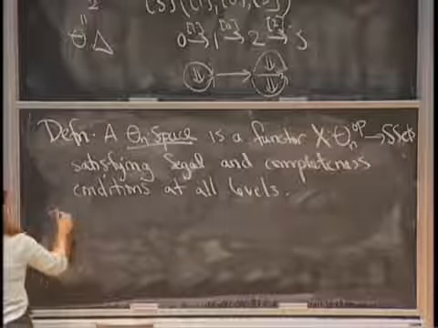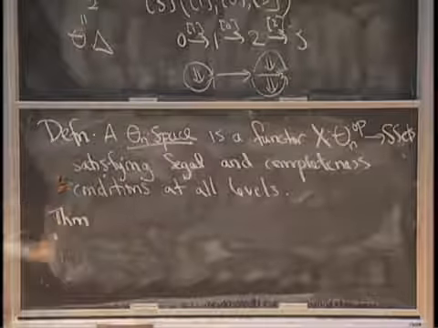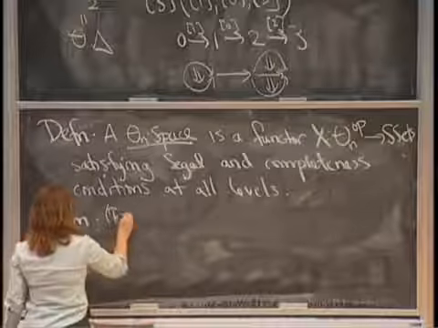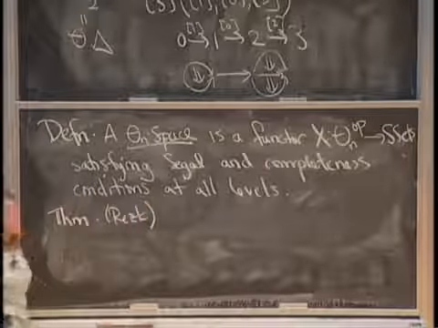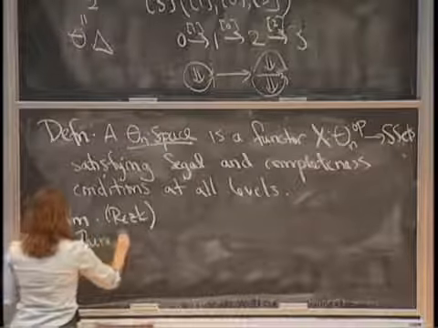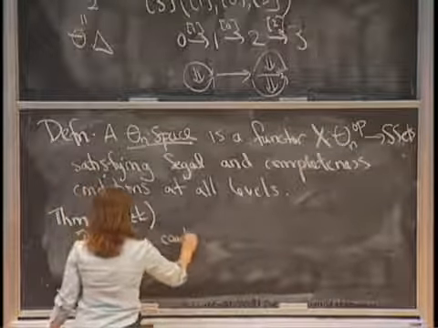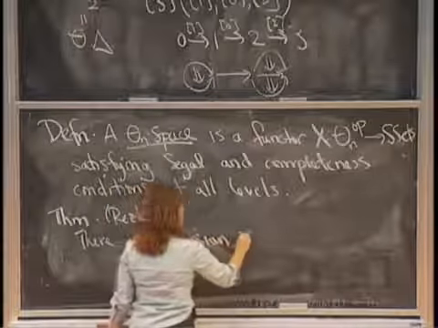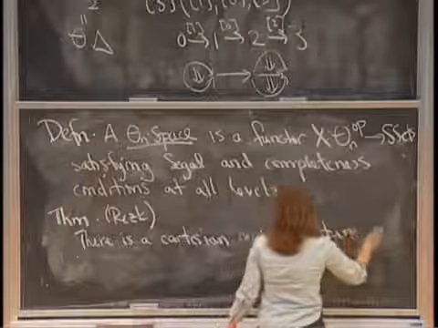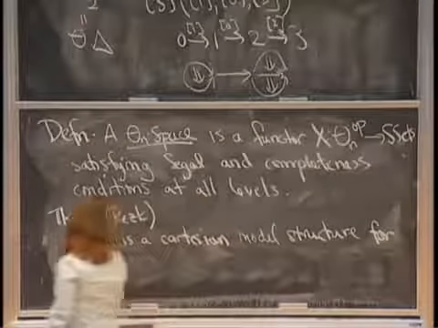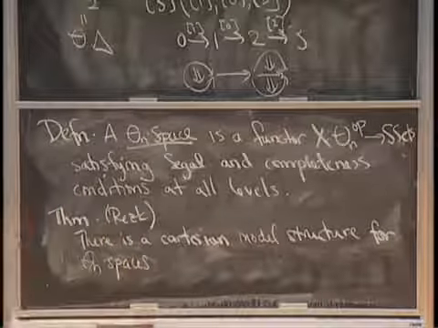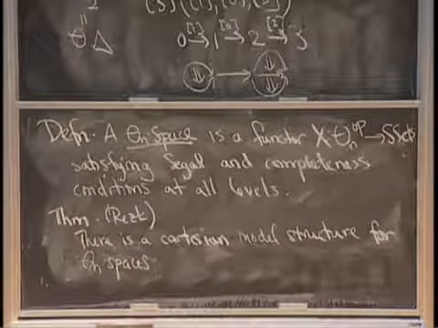This was defined by Charles Rezk, and he was able to prove that these have a nice Cartesian model structure.